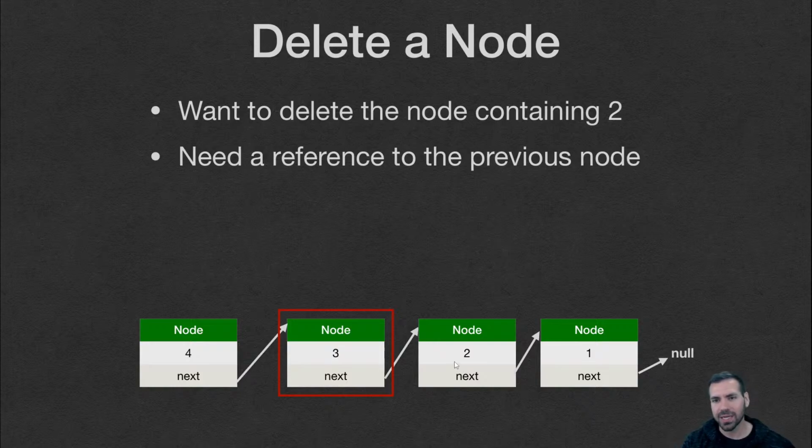And of course, null checks are always important in these checks. We want to look at the next node. First, we want to make sure next is not null. If next is not null, check its value and see if its value is something we want to delete, and then manipulate the references to delete it. If we don't want to delete the next node, then we can hop over to the next one with another recursive call, look ahead to this one to see if we want to delete it.